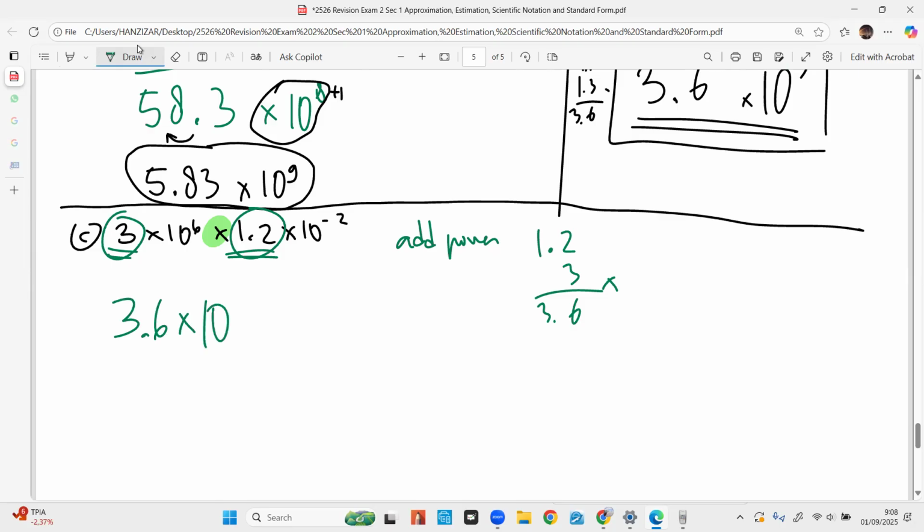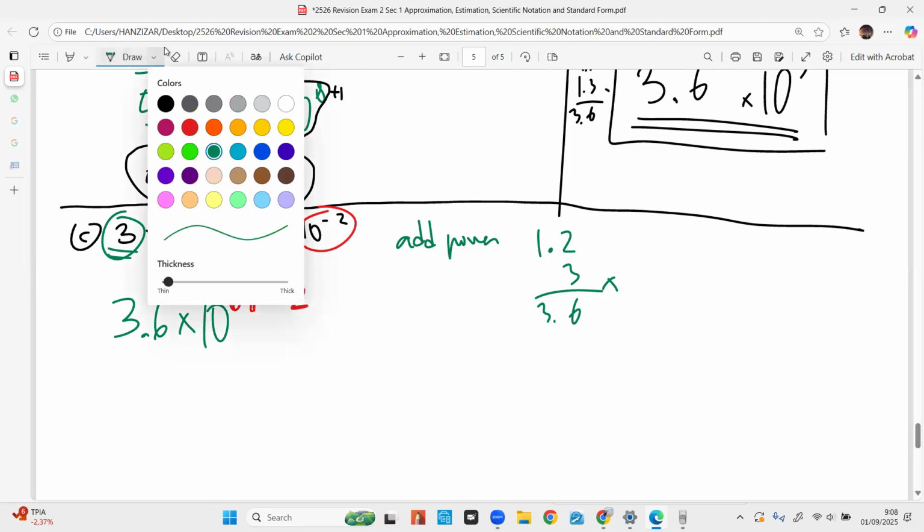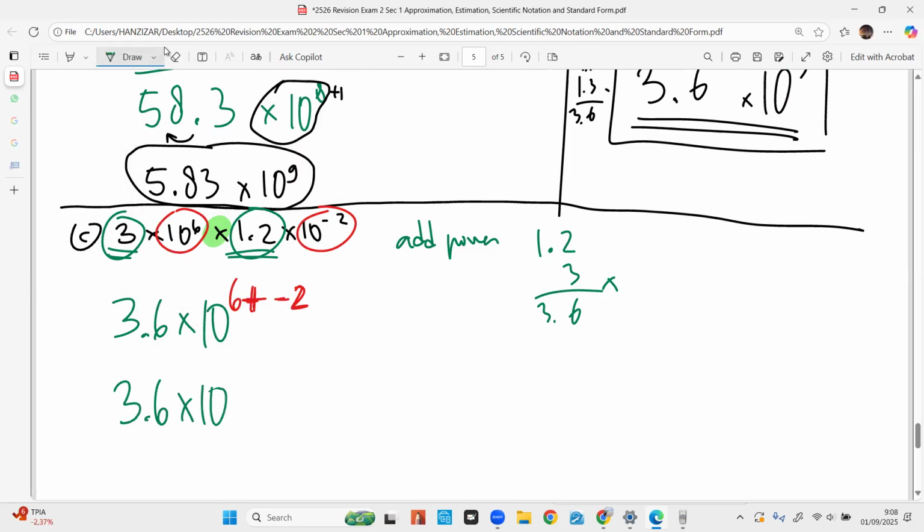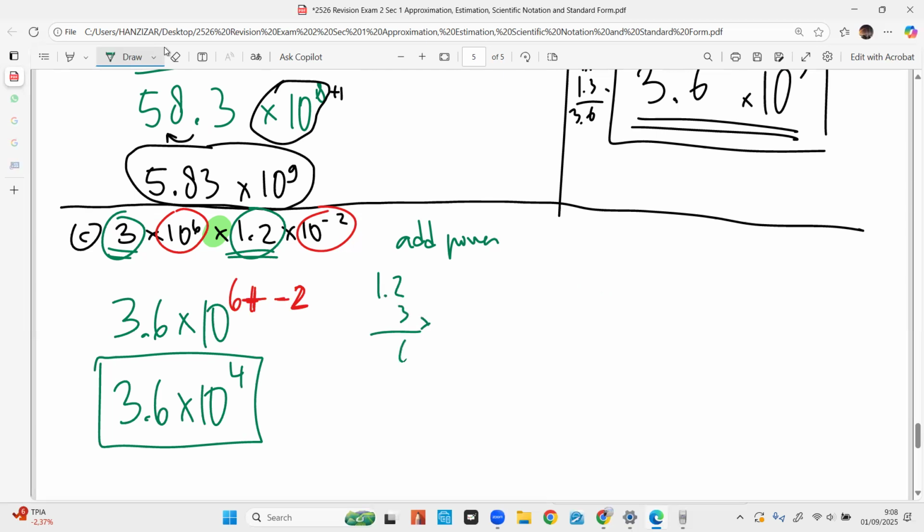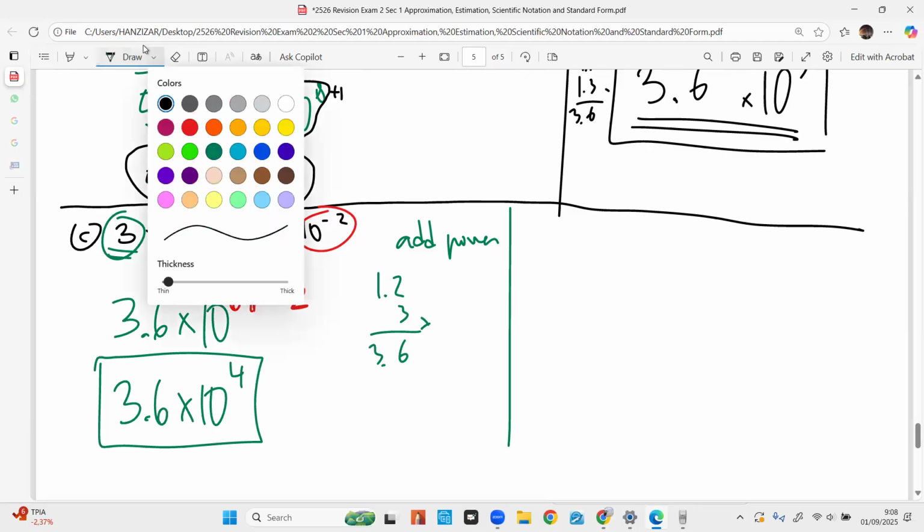And then 10 power, you add the power. 6 and negative 2. Therefore, you get 3.6 times 10 power 4. That's it. So you don't have to change anything. See, simple, right? Question D.